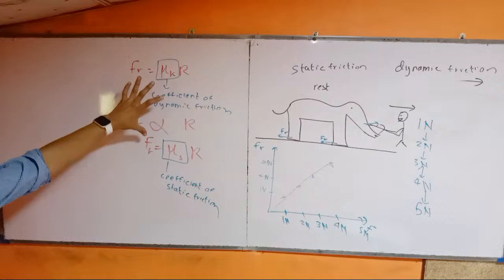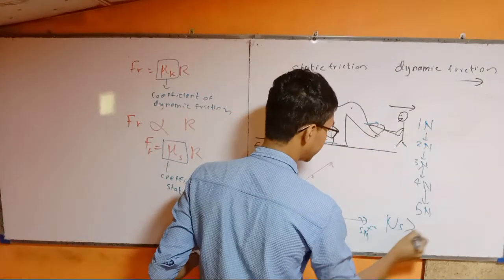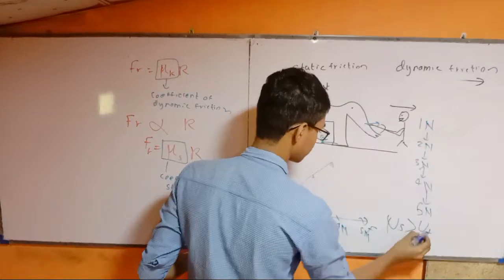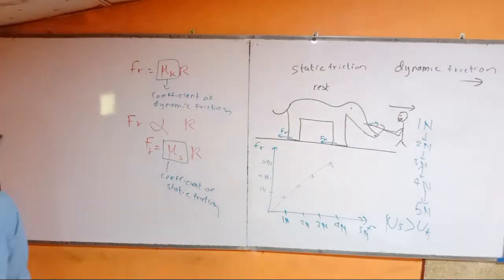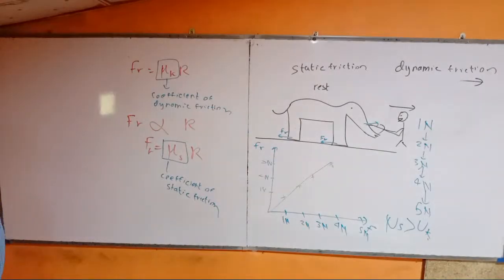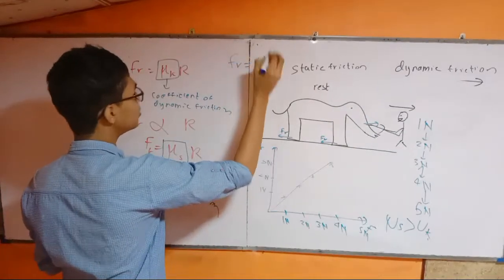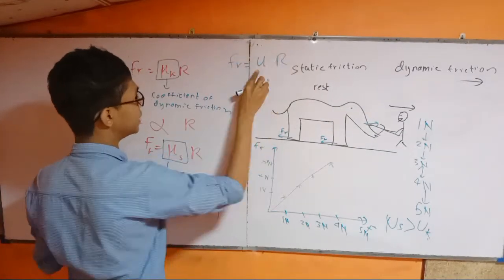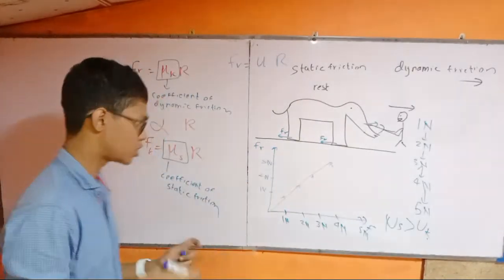Now I have to tell you one thing. Mu S is greater than mu K. That's it. You have to know this. Now, what's the equation for friction? Fr is equal to mu R. So if mu is going to reduce, friction is going to reduce. There is a sudden drop in friction.